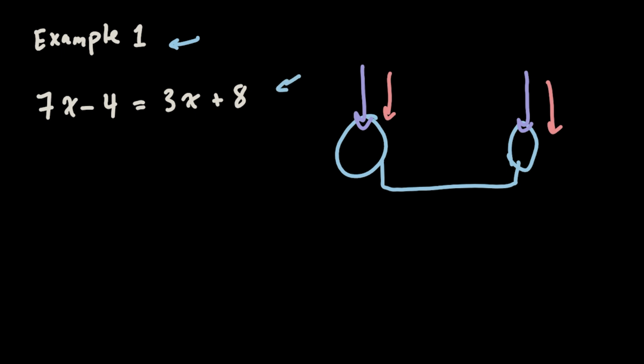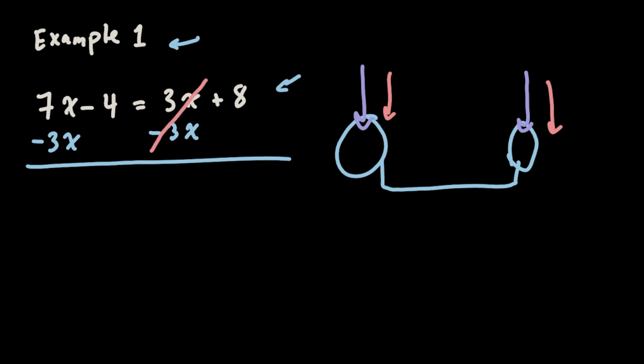The first step that we should do is to separate variables on one side and numbers on the other side. So here we can just subtract 3x from both sides. This 3x and this minus 3x will be cancelled.